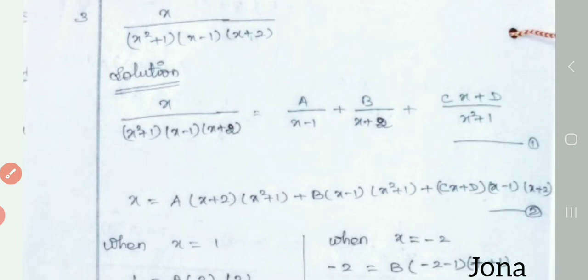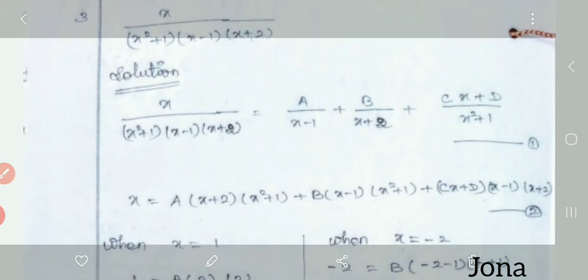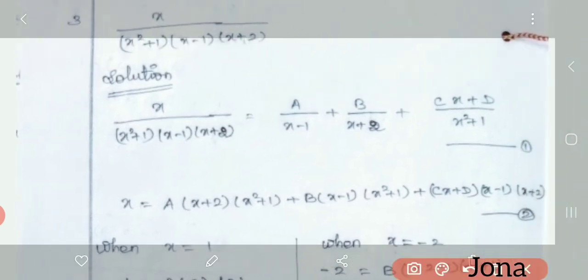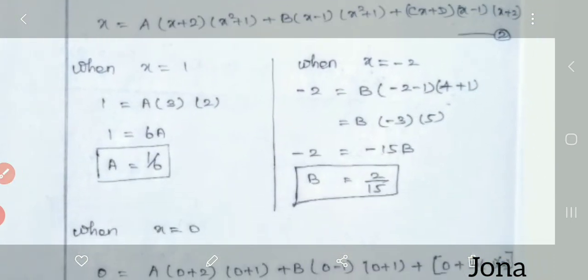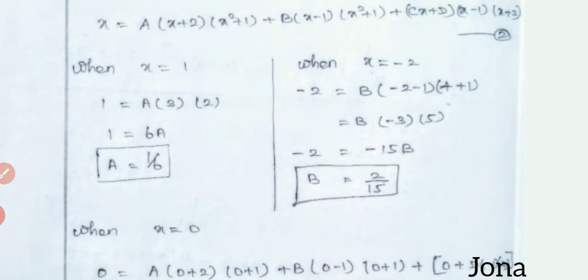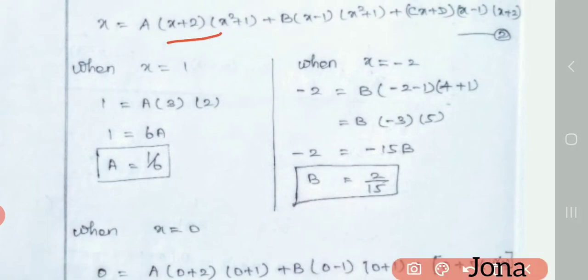Okay, and then now I want to find the values of a, b, c and d. I want to find these 4 constant values. So for this I have to equate the brackets to 0. I got x plus 2, isn't it? So I can equate to 0, I will get x equal to minus 2.